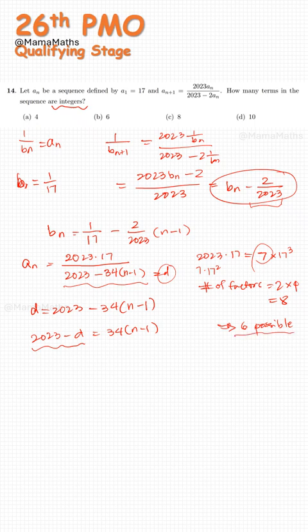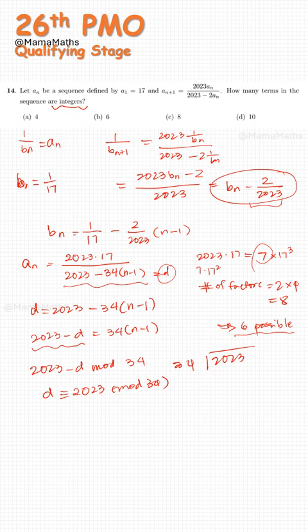Why is it 6? Let's say 2023 minus D mod 34, so D should be equivalent to 2023 mod 34. If we divide 2023 by 34, how many is that?